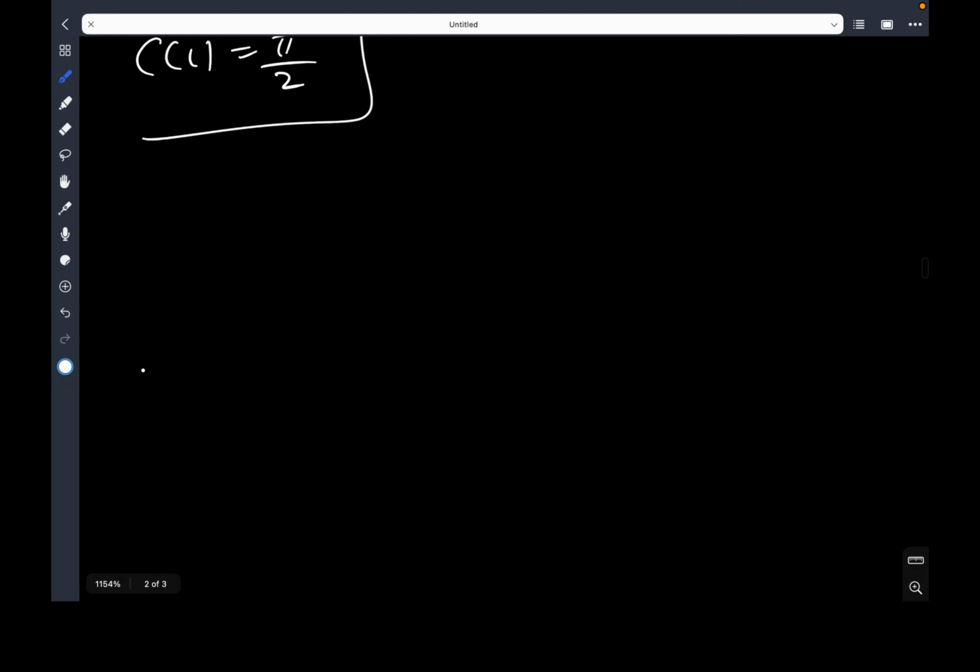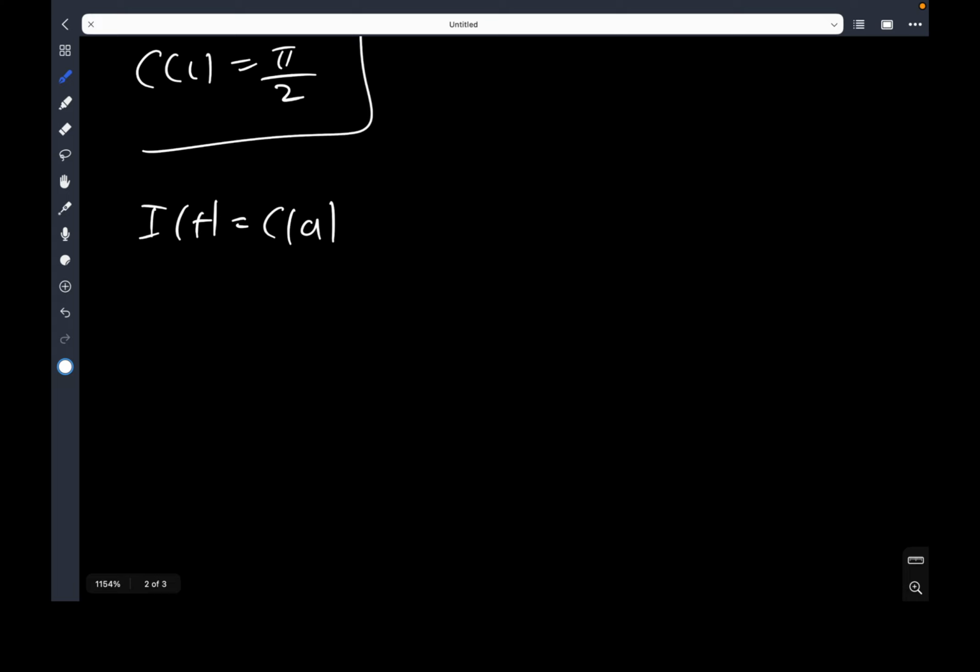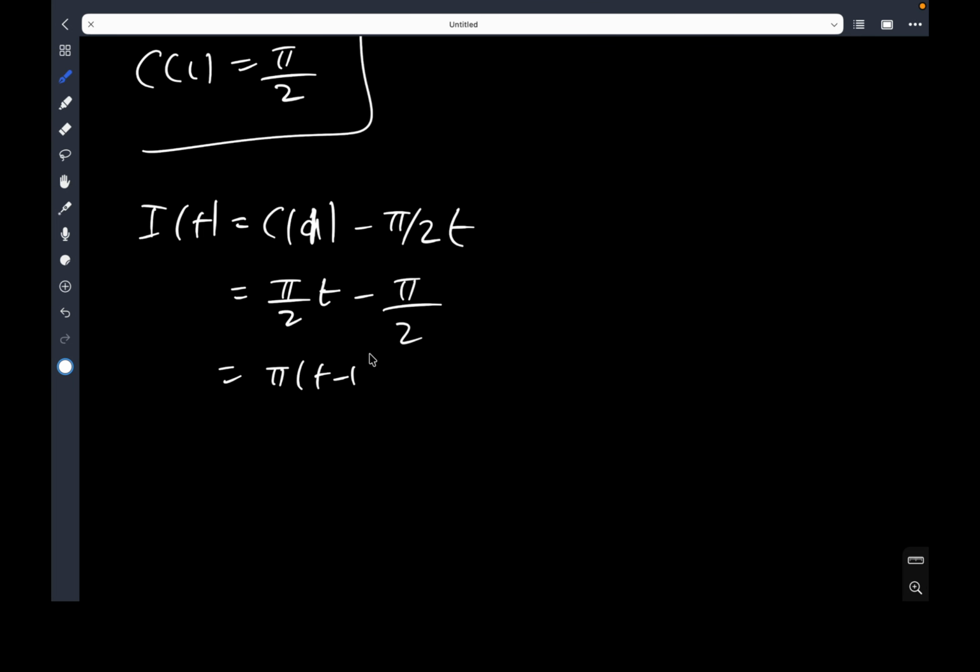And I find out that I of t is c of 1 minus pi over 2 t, which is pi over 2 minus pi over 2 t, which is pi times 1 minus t over 2, which is I of t.